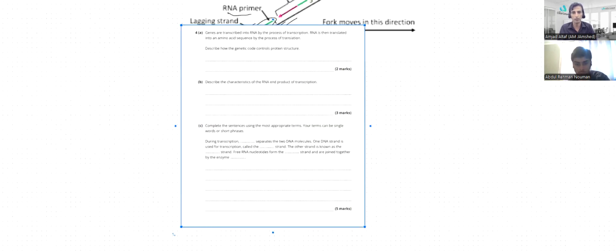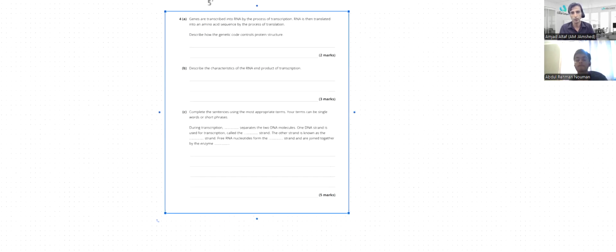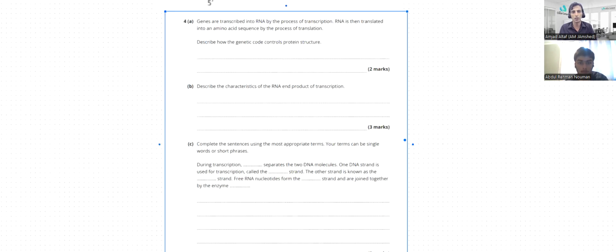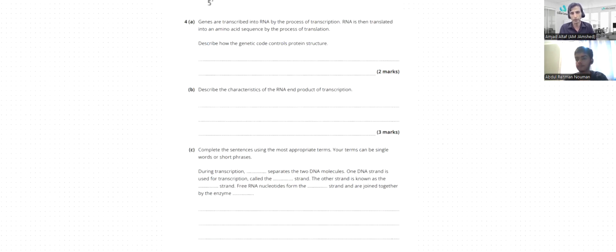Here's a small one. Can you see it here? Is it visible to you, Abdul? So genes are transcribed into RNA by the process of transcription. RNA is then translated into an amino acid sequence. You should try to complete this.